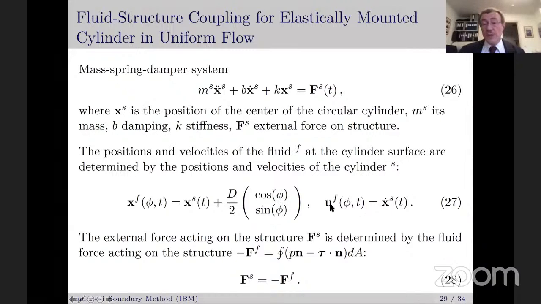And the velocity of the cylinder, that is xs dot, gives us the velocity of the fluid at the cylinder. And that is the no-slip condition. So the location and the velocity of the cylinder prescribe the boundary conditions in space, so the location and the velocity for the fluid.